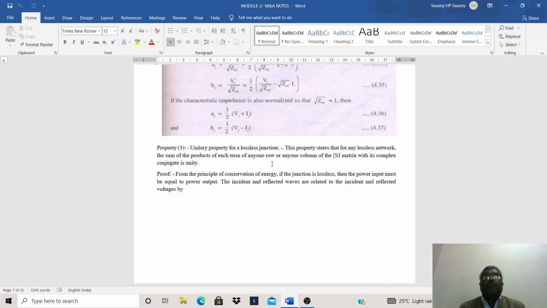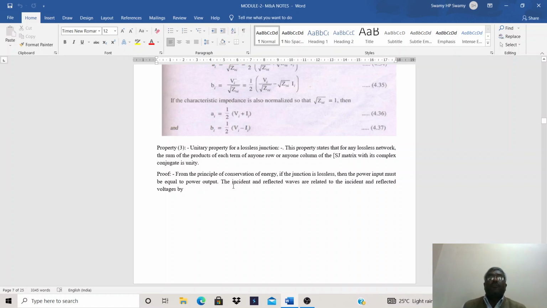This property states that for any lossless network, the sum of the products of each term of any one row or any one column of the S matrix with its complex conjugate is unity. So for this, you have the proof.